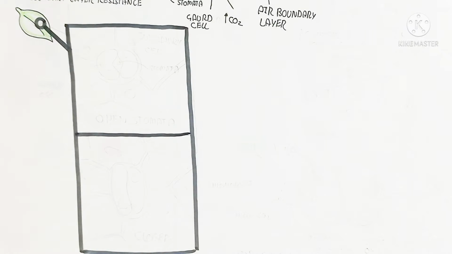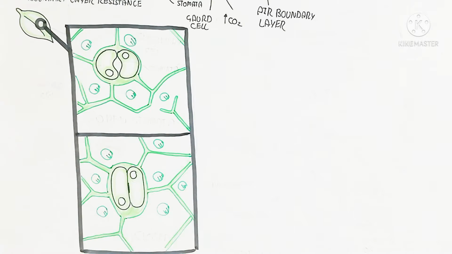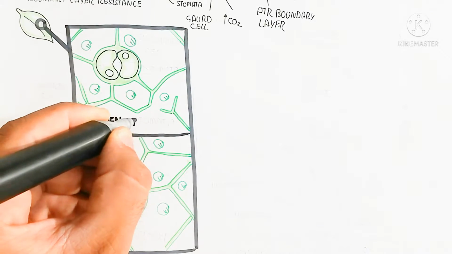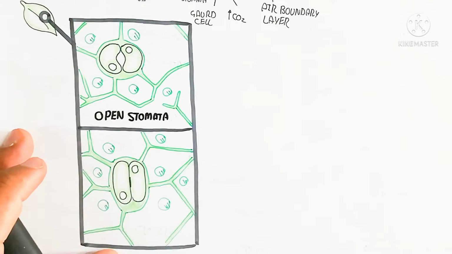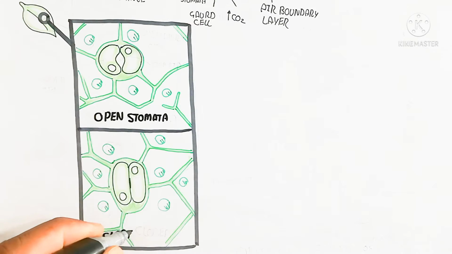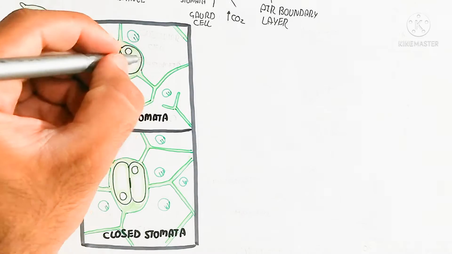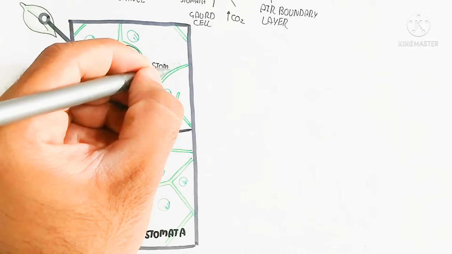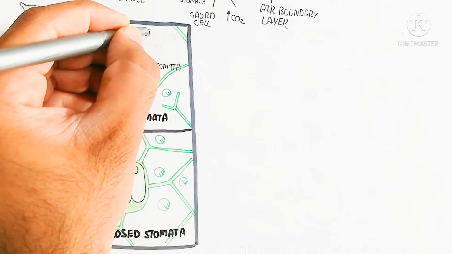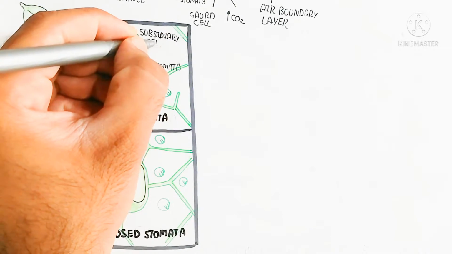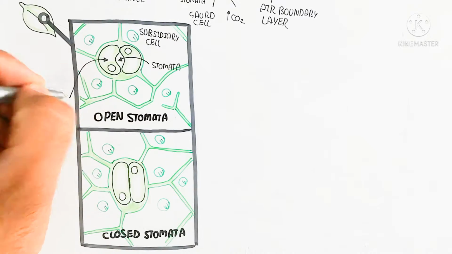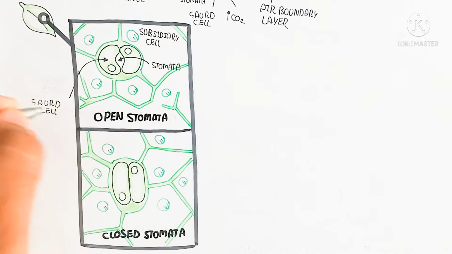So let's begin to understand the closing and opening of the stomata first. This is the lower surface of the leaf, and here is the open stomata. The stomata opens due to the turgidity of the guard cell, caused by water accumulation and hydrostatic pressure. Remember, this is the subsidiary cell, which is thick compared to the other leaf cells.